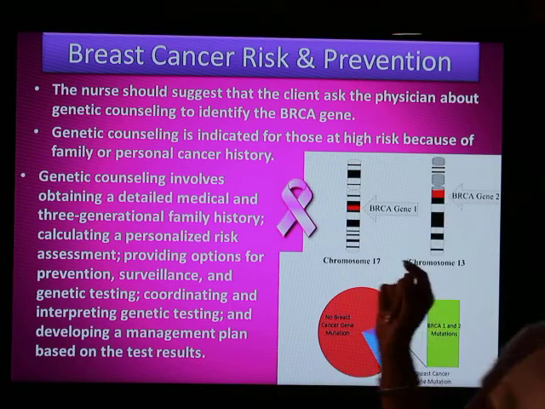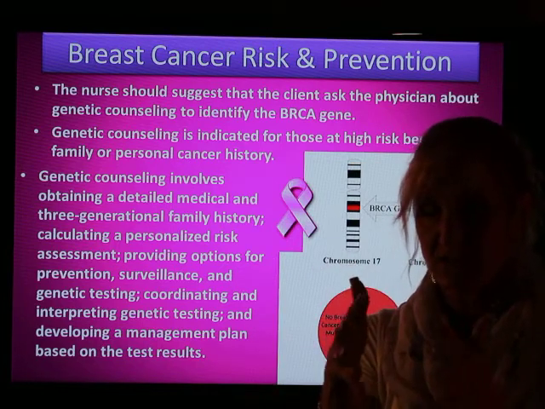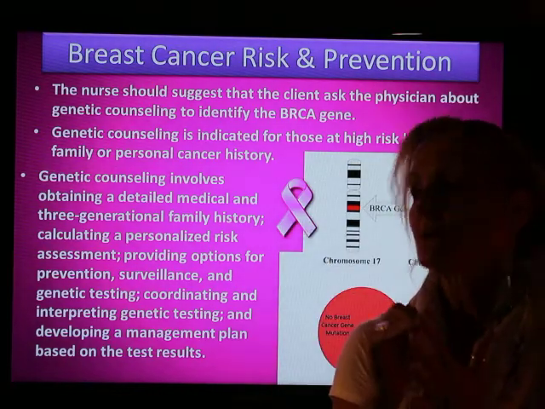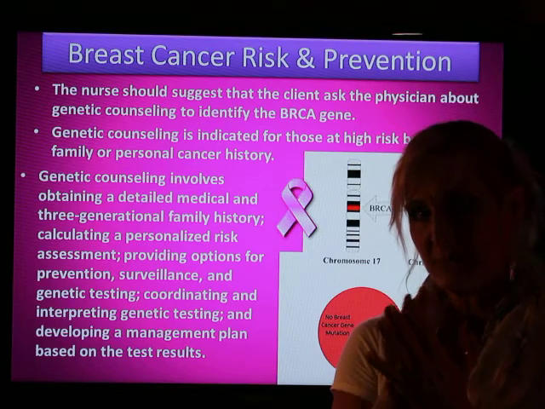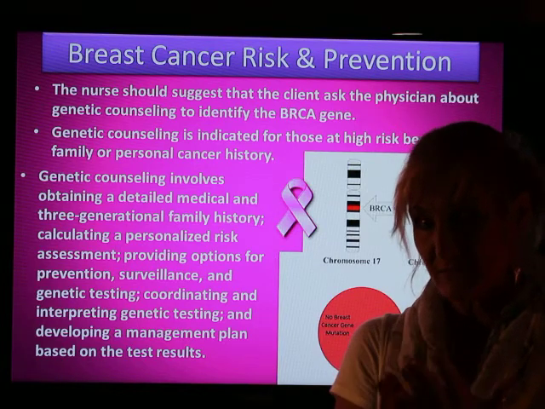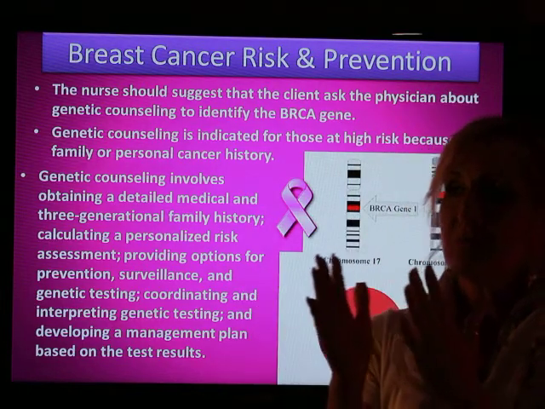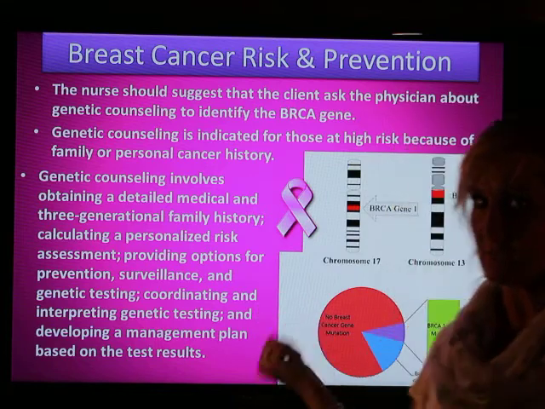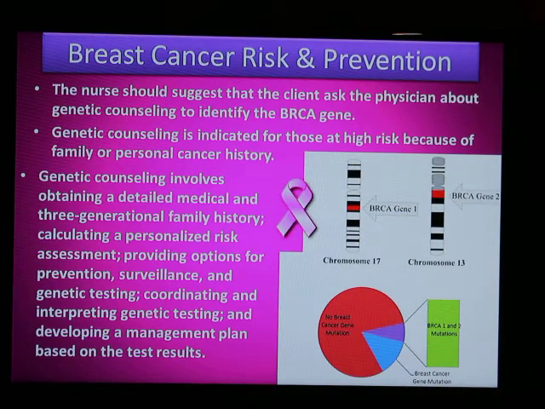So if a woman has a close family history, a mother, a sister, an aunt, a maternal grandmother, even a paternal grandmother, who has had breast cancer, especially early in life, or ovarian cancer, and they've had several of them in the family, it's probably a good idea to get some genetic testing, and they might need to start treatment a lot sooner.